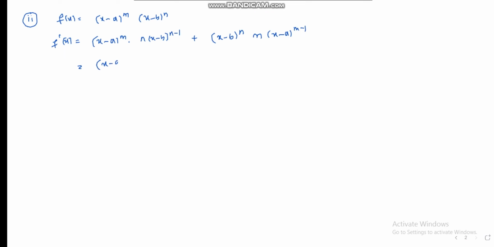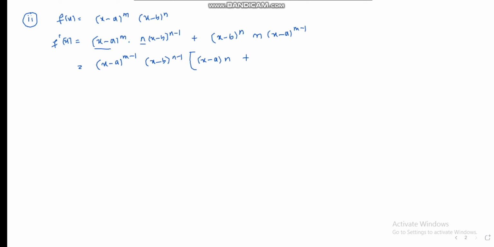Now we take the common term, (x minus a) whole raised to m minus 1 into (x minus b) whole raised to n minus 1. The remaining term in the first part is only n, so it is multiplied by n.